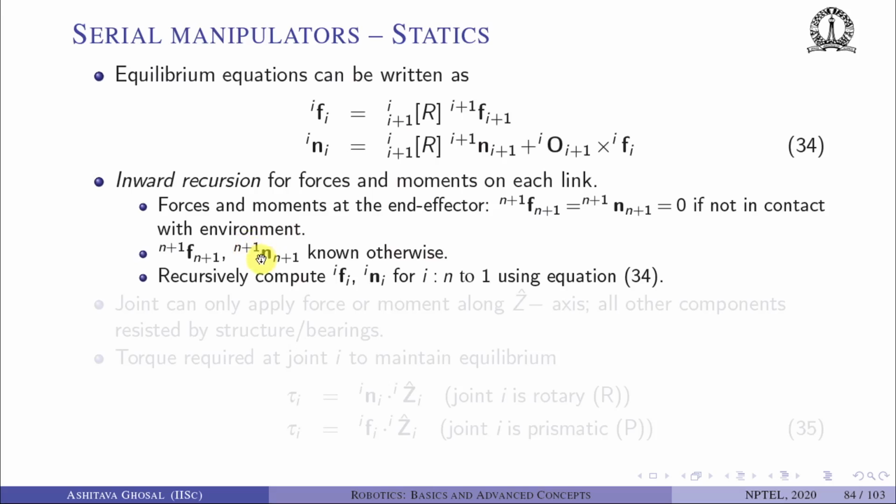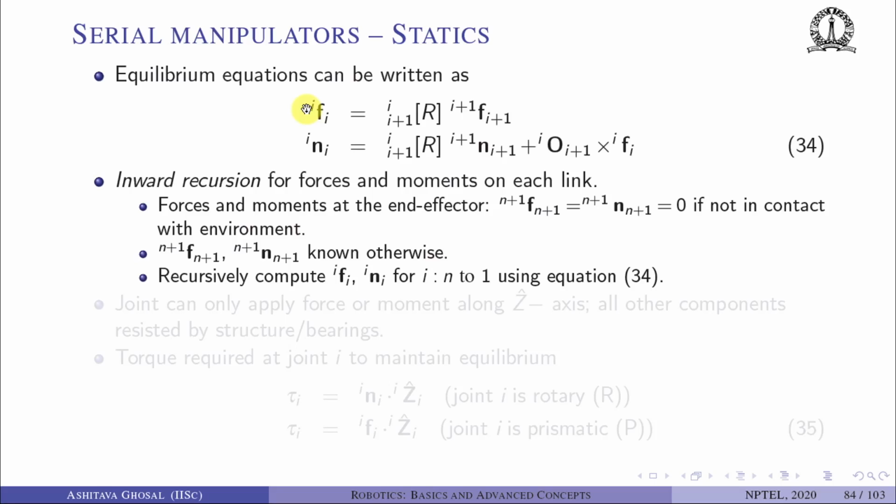So knowing the force and the moment acting on the end effector, we can substitute on the right hand side and we can find out what is happening to the force and moment in the previous link. And likewise, if I know them on the (n-1)th link, I can go back and calculate on the (n-2)th link and so on. Okay, so this is the idea of inward recursion. Remember, in the case of velocity, we went outward.